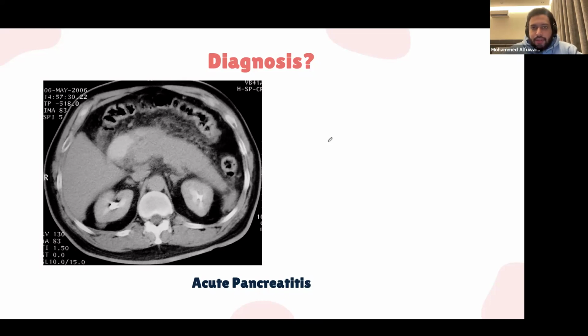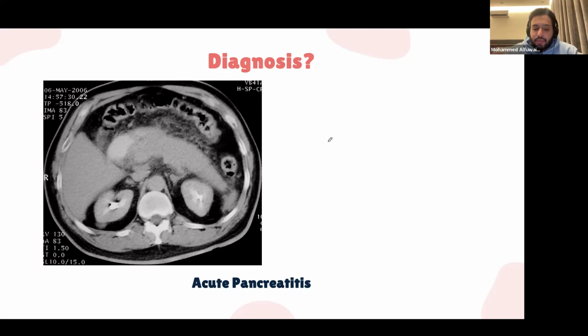Clinically, it will present as epigastric pain radiating to the back with one of these risk factors that the patient has. So either they had gallstones, they had cholelithiasis, or they are alcoholic and drink alcohol. They have mumps, so they have parotitis or something with the testes, or orchitis. Okay, so one of these risk factors.